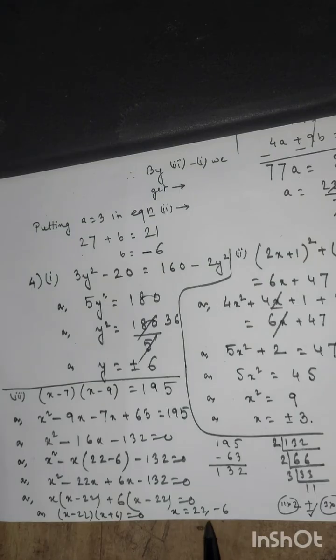So these are the two values of x, 22 or minus 6. Now let us proceed to our next question, that is Roman 4.